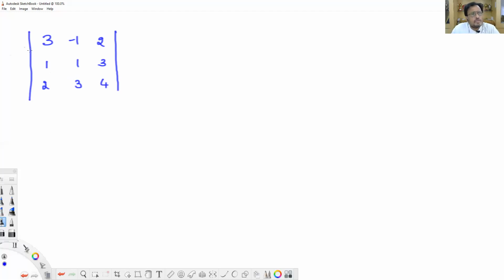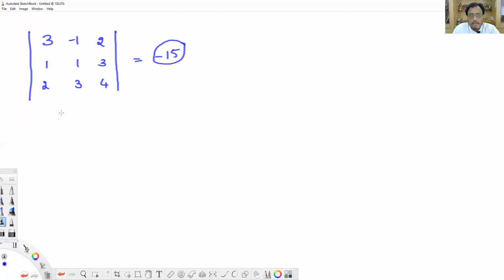If you expand using the first row, second row, third row, or first, second, or third column, the value remains the same. I have already solved this one, and we got the answer minus 15. The value of this determinant is minus 15.